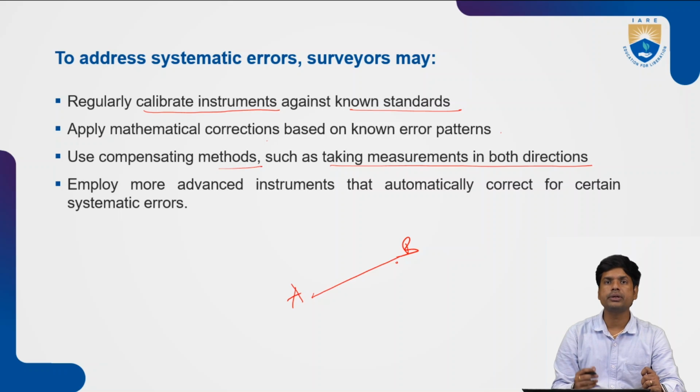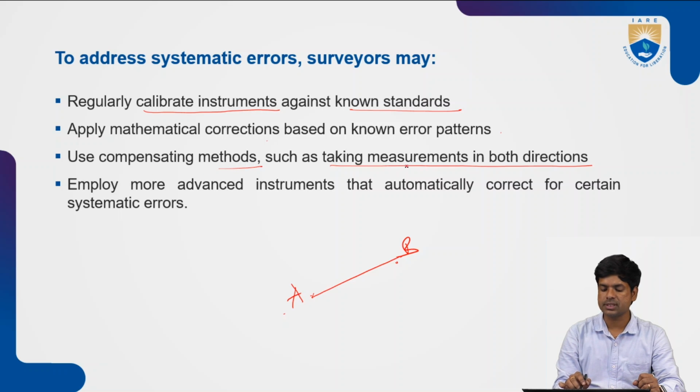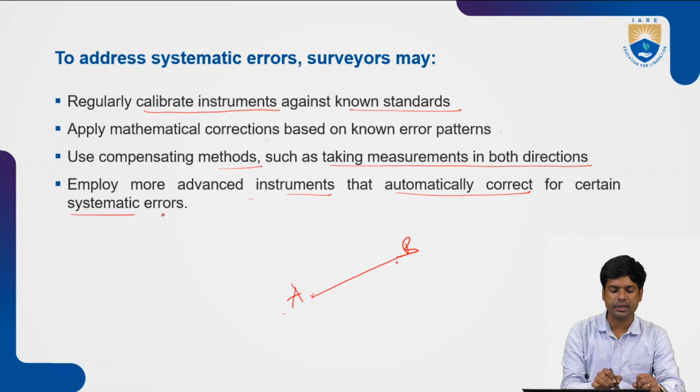To control or mitigate this, you just have to measure the distance from here to here as well as from here to here, so that we can control the errors. So use compensating methods like taking measurements in both directions. And next one, employ more advanced instruments that automatically correct for certain systematic errors.